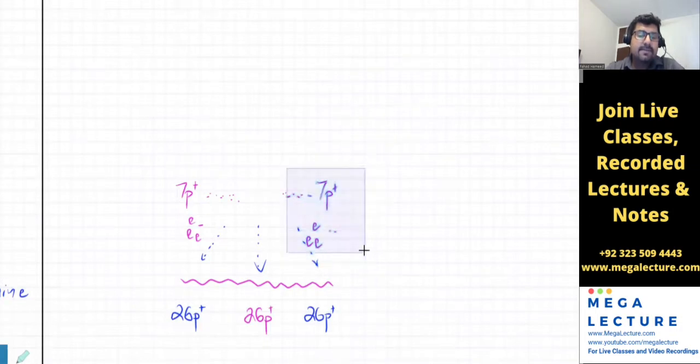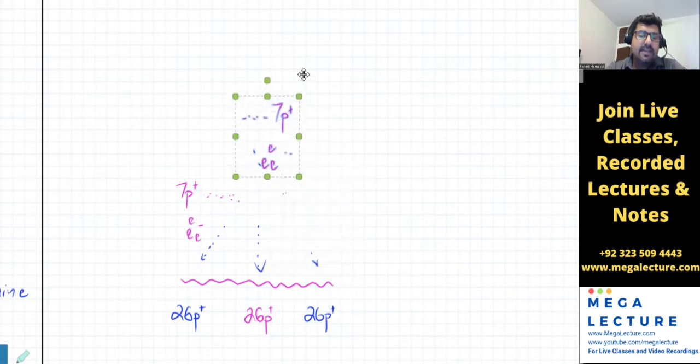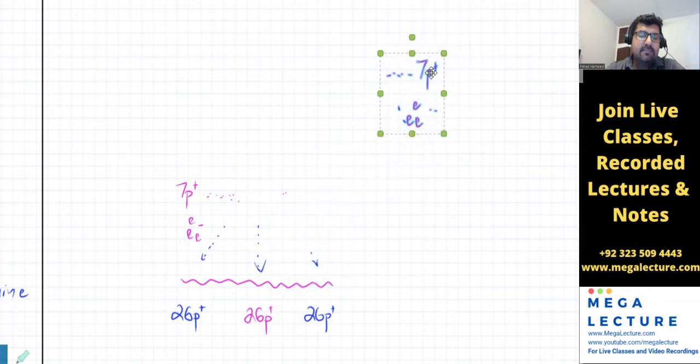But this atom is not stationary, right? The force of attraction is not so strong that it's going to stick to it. So this atom has energy, it came around, it bounced, it's going to bounce back, right?